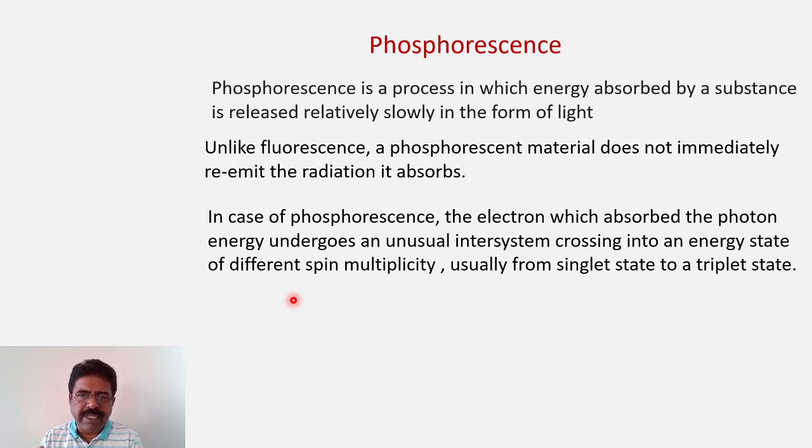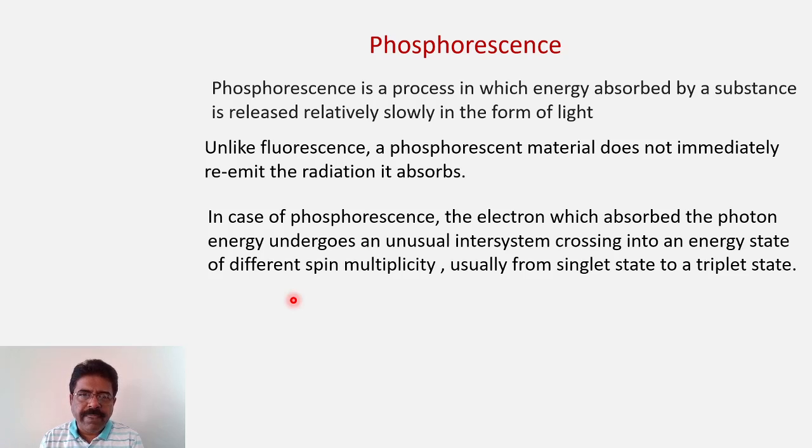For example, in a singlet, the spin quantum number S is equal to 0, so multiplicity is actually 1. Whereas in a triplet state, the spin quantum number S is equal to 1, therefore multiplicity is 3, and therefore we call it a triplet state.